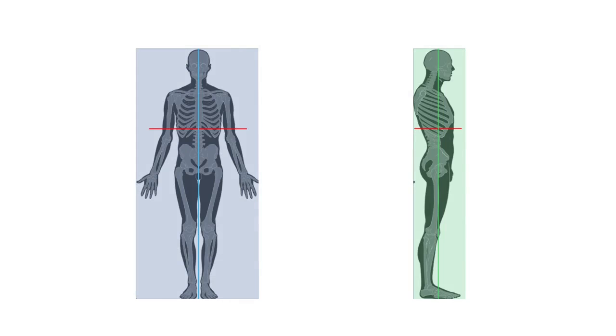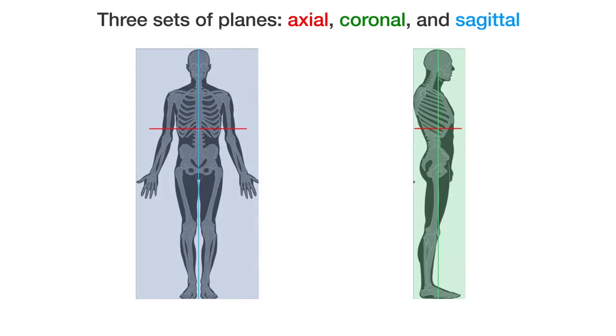Because of imaging modalities, it's important for us to also think about sets of planes, which are often used in radiology. There's a series of planes which divide the body into numerous superior and inferior segments. These planes are called transverse, horizontal, or axial. This is a plane of the CAT scan, the computerized axial tomograph.